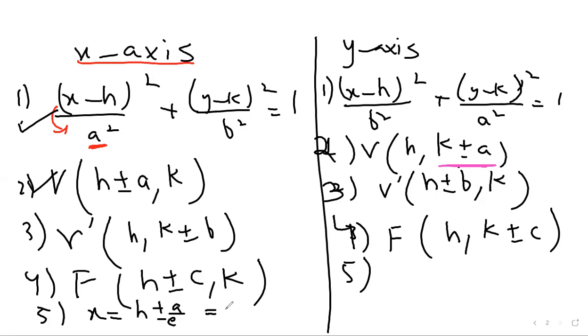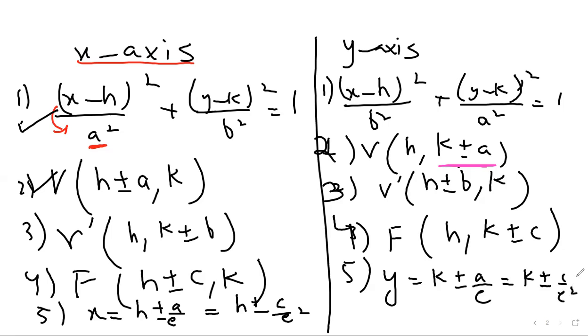Sometimes it's also written in the books as h plus minus c upon e square. Similarly, y is equal to k plus minus a upon e, or k plus minus c upon e square.